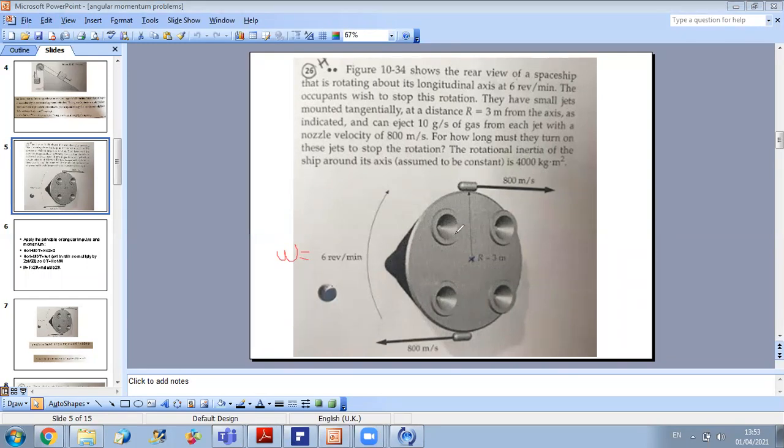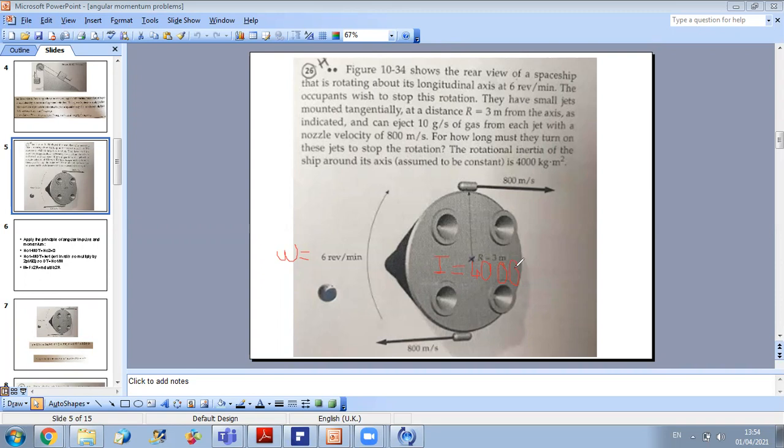And we know that the inertia of this body about its axis is I equal to 4,000. Now, the occupants wish to stop this rotation. So we want to try to stop the rotation.